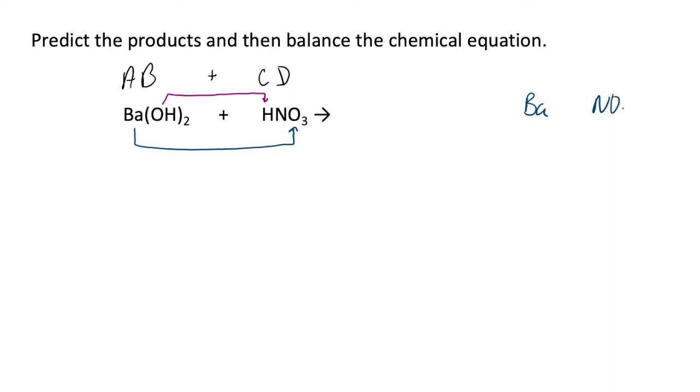and nitrate. Barium has a charge of +2 because it's in group 2, and nitrate has a charge of -1. So the ionic charge of barium becomes the subscript for my nitrate, and the charge for nitrate becomes the subscript for my barium.